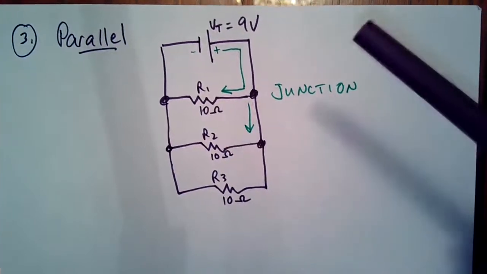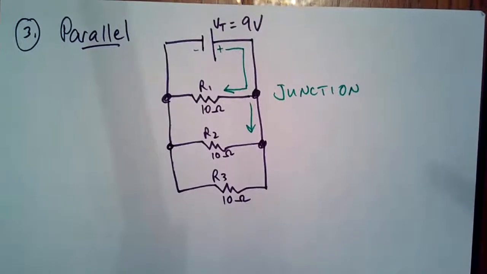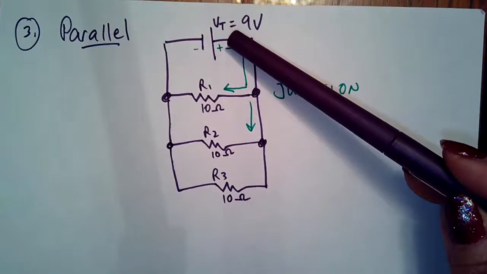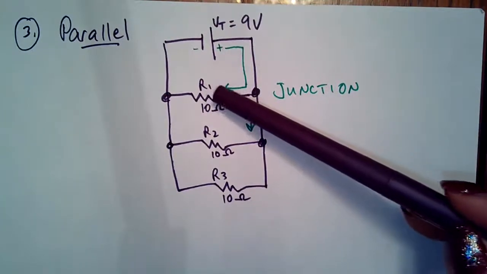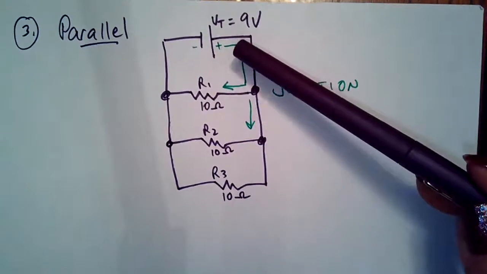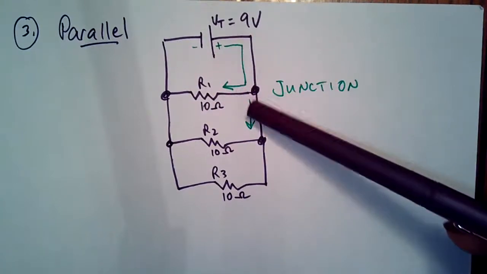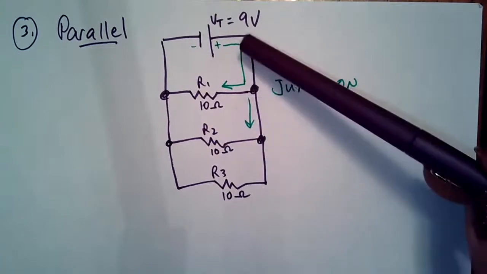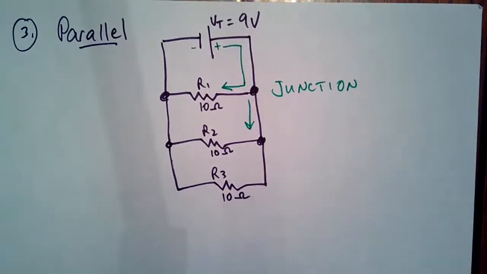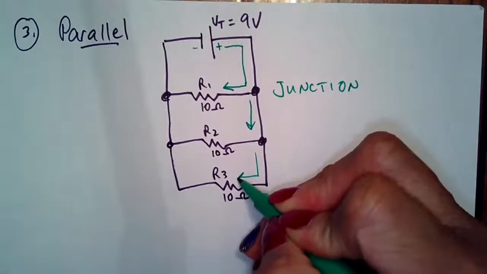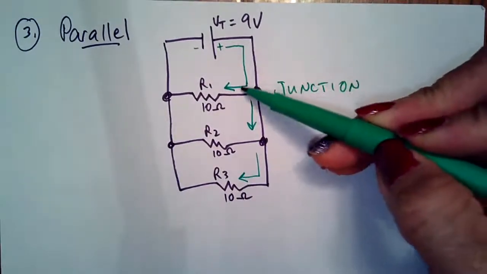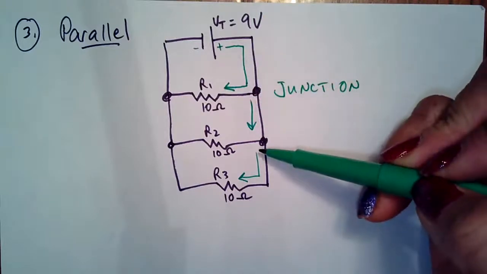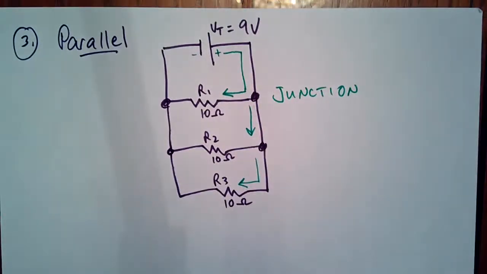So there is no weakening of the pressure or the kick coming out of the EMF, because the kick going through R1 is not going to affect the pressure going through R2 and R3, because they have junctions or different paths to follow. Here's one path, and the other path is to go straight into R2 and so on.